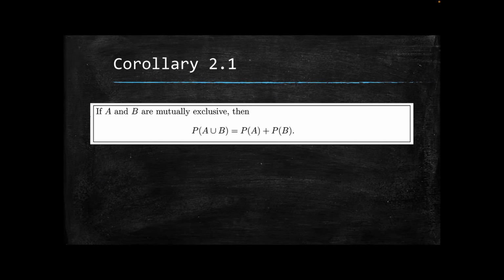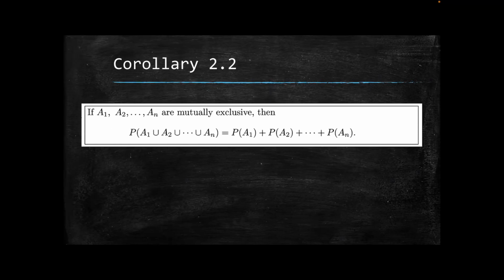Therefore, the probability of getting A or B becomes P(A) plus P(B) if A and B are mutually exclusive events. But you can always use the formula in theorem 2.7, which will always work regardless of what type of events you're dealing with.